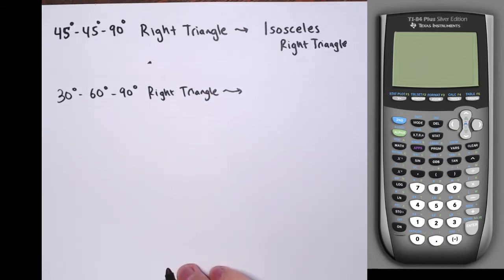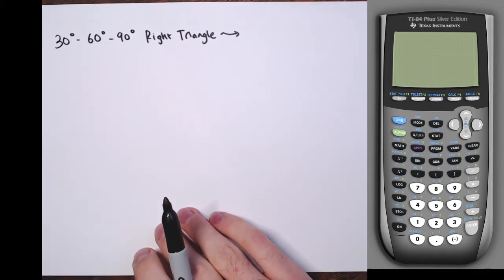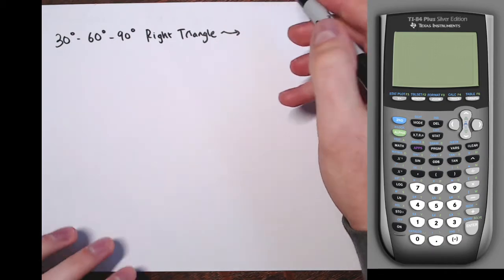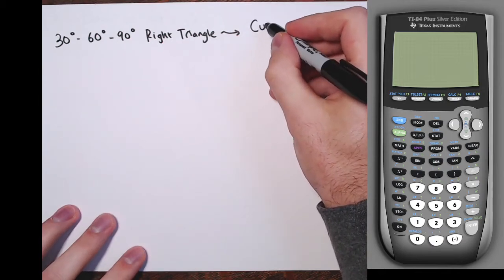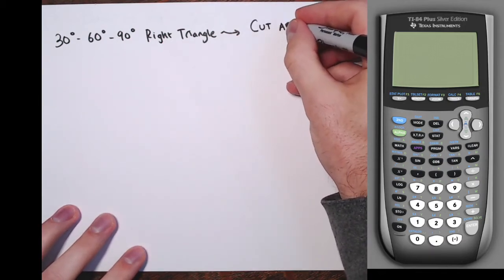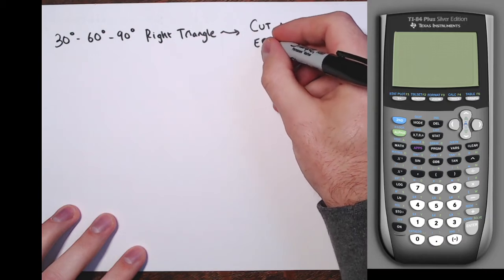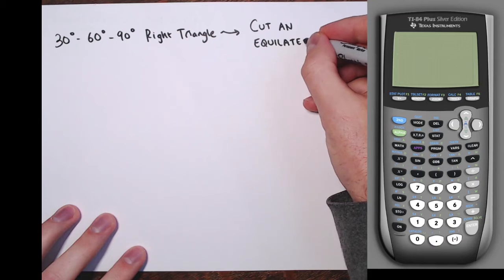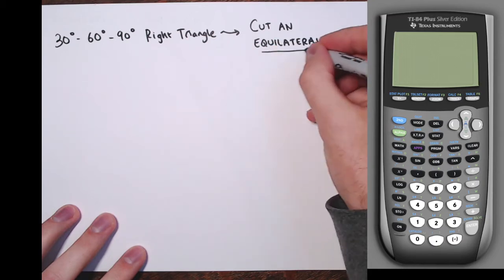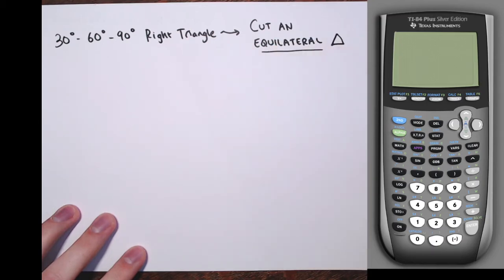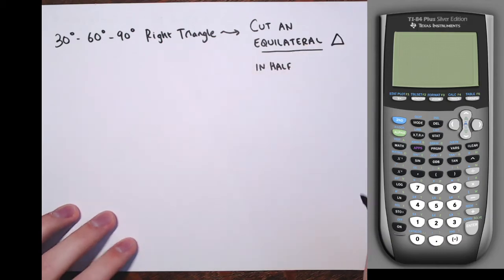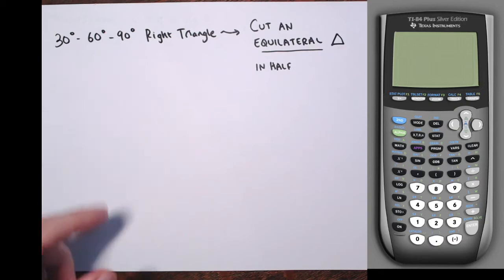It was just an isosceles right triangle. All right, the way I'm going to think about forming a 30, 60, 90 triangle is I'm going to cut what's called an equilateral triangle in half. And I'll show you what I mean by this. I'm going to cut an equilateral triangle in half to produce a 30, 60, 90.